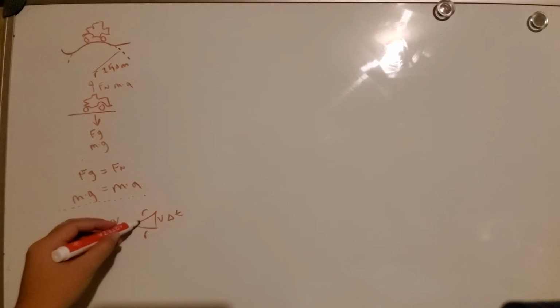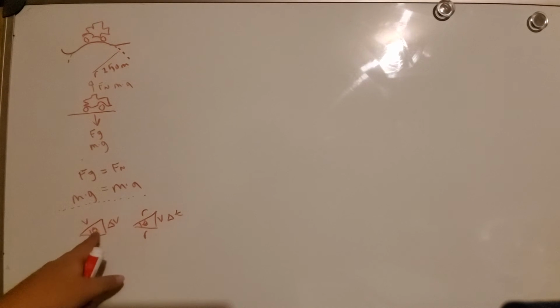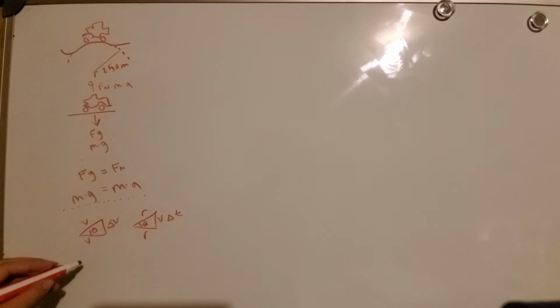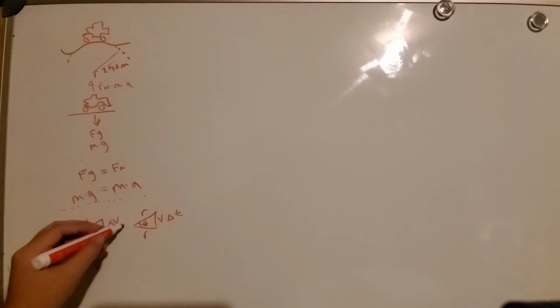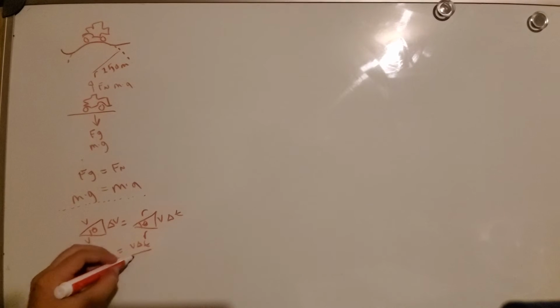So this draws our theta. You have velocities and change in velocity, and this is radius and velocity times change in time. So we could equate this ratio: change in velocity over v is equal to v times change in time over r.